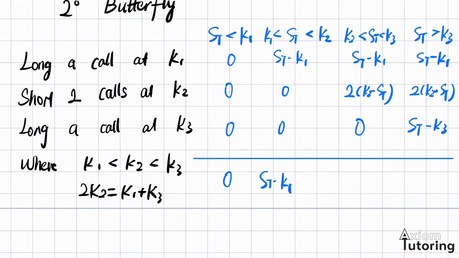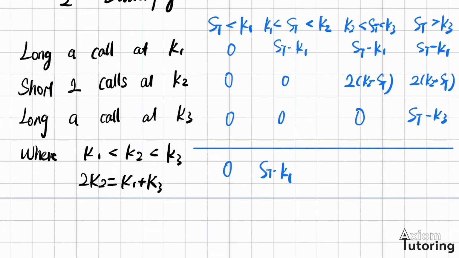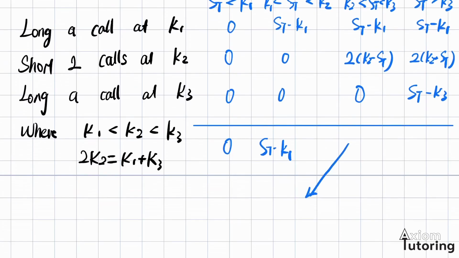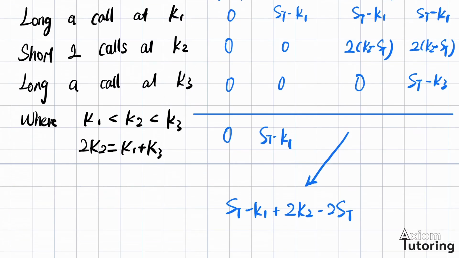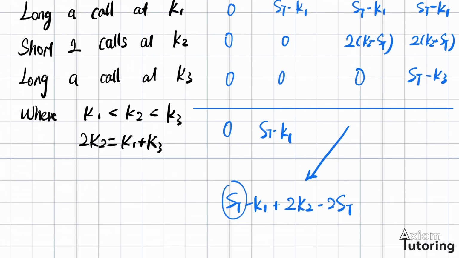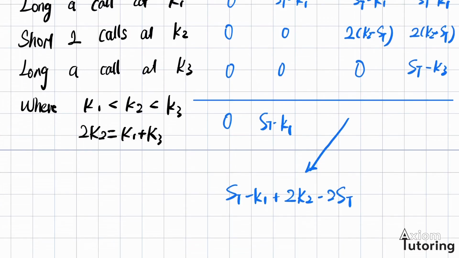And if it's between K2 and K3, we would have these two together, but then we can simplify this a little bit by using the fact that 2 times K2 is K1 plus K3. So we can write it out step by step. Let's just extend it over here. So that's ST minus K1 plus 2 times K2 minus 2 ST. For ST here, we're going to be left with only 1 ST, and it's going to be negative.